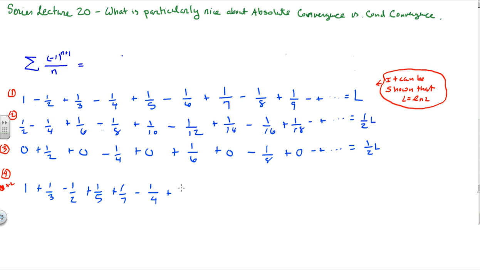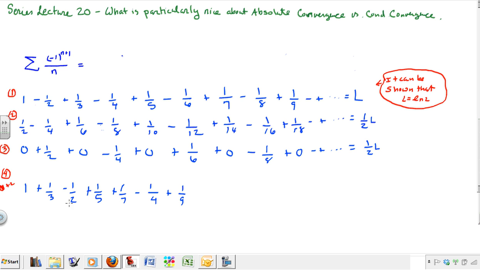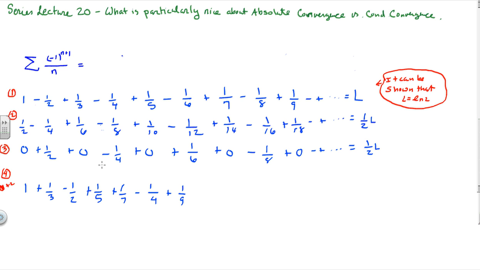And let's see if we can figure out what's going on. The odds are just going to be positive, right? All the odds are going to be positive. And every other even cancels out, but the next even is going to be the even that was canceled out, but negative, right? So the negative 1/2 and the positive 1/2 cancel out, but the negative 1/4 and the negative 1/4 add up to negative 1/2.